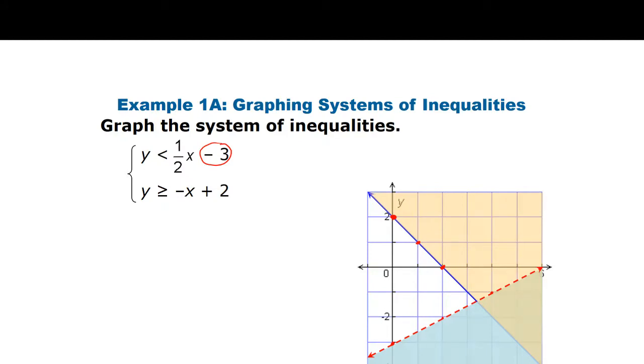And as you notice, we have a region here where all of the points are shaded in. All right, and so this is going to be our solution set. But we always want to check and make sure. So let's just choose a few points that we'll check here in a minute. The easiest one to check is going to be our furthest most left, and let's just check 0, 0.